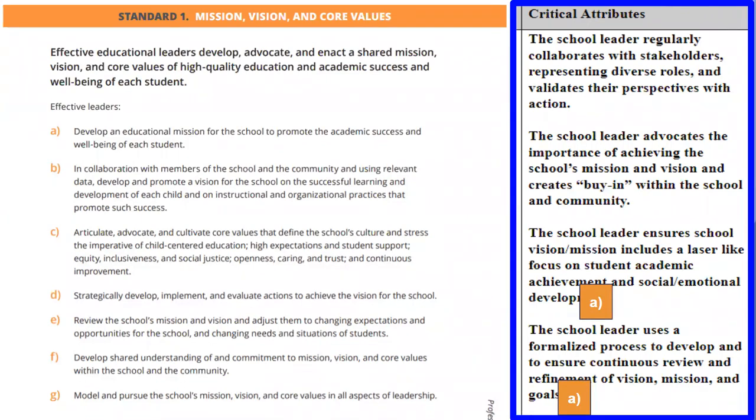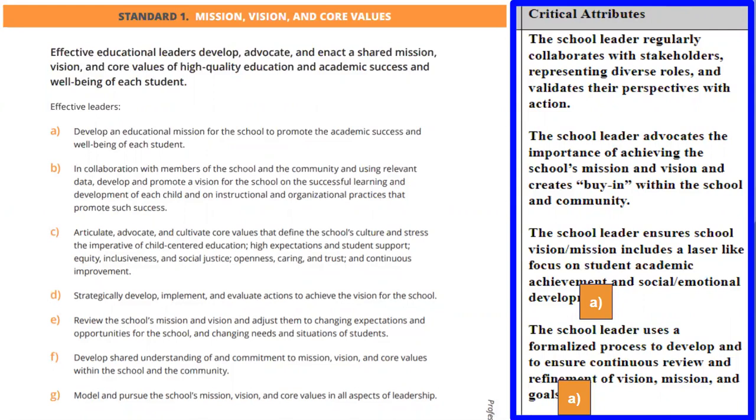In turn, that significant focus is also evident in the third critical attribute. Notice the language. Laser-like focus on student academic achievement and social-emotional development. With the focus of the mission designed to support student prosperity, the fourth critical attribute includes the expectation of continuous review and refinement to support the attainment of goals.